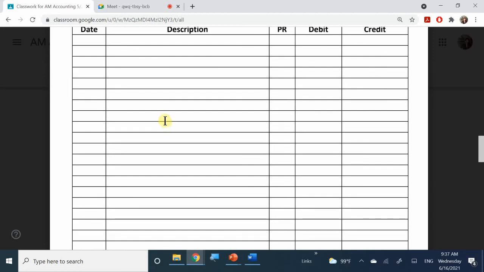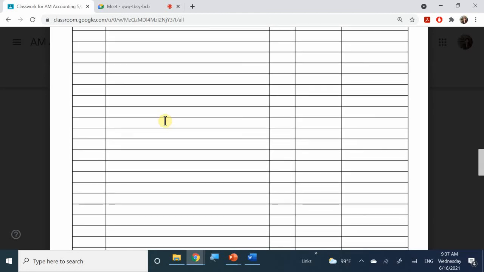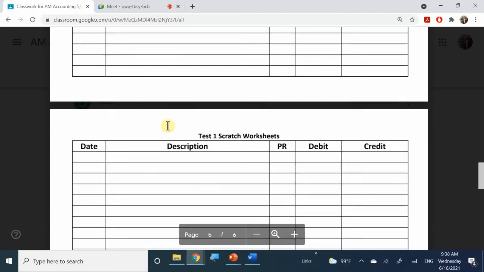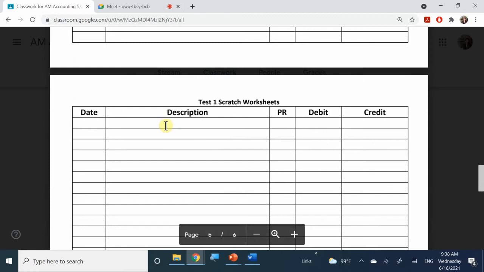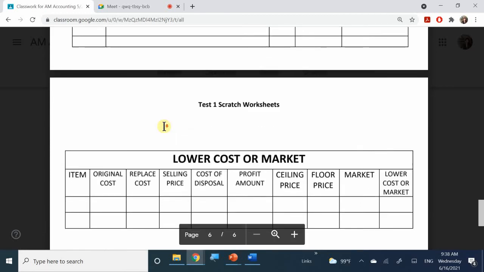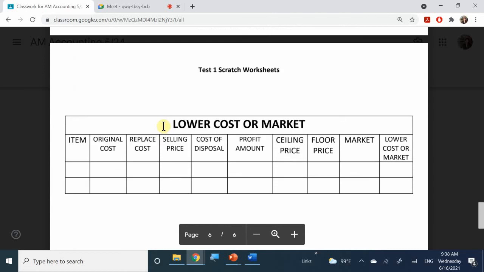Make sure you read the question carefully because an answer, I could say, for letter E, could be E and/or A and B. And I don't want you to select A and miss out half that question because you selected A and not A and B. Okay? So I gave you enough journal space. I even provide you the lower cost of market table.